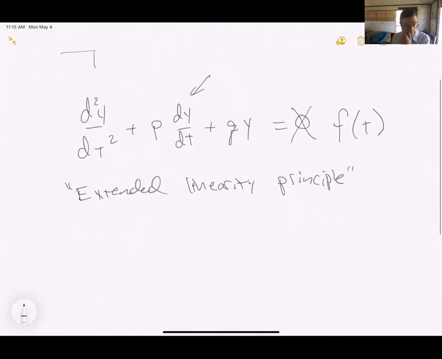Okay, so the extended linearity principle says you can find the solution by doing two things.